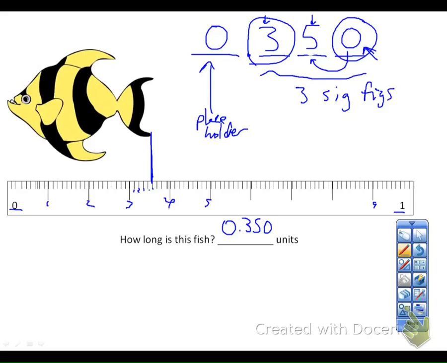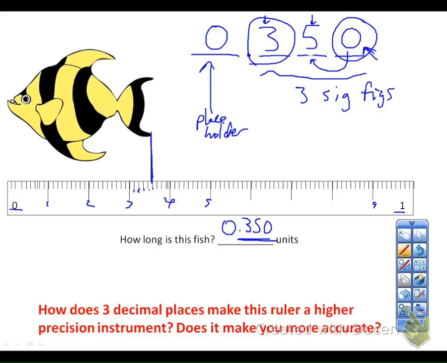And one final question, how does 3 decimal places make this particular ruler a higher precision instrument? Does it make you more accurate? Let's start with precision first. Does this make a higher precision instrument? The answer is yeah, of course it does. Because the more decimal places you have, the more likely your friends can come in behind you and get at least these first 2 decimal places to match yours.